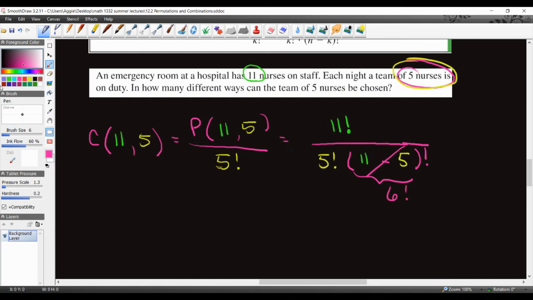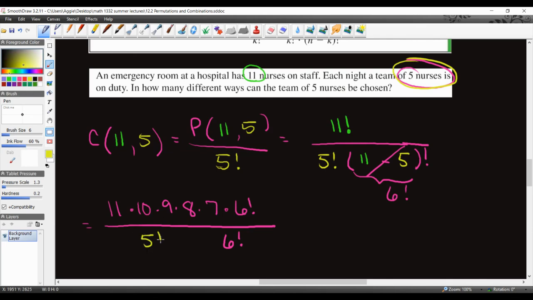So let's go ahead and write this nicer. Actually, let's just break it down now. We know that we're going to go down to 6 for sure. So 11 times 10 times 9 times 8 times 7 times 6 factorial. And then I have that 6 factorial on the bottom, and I have the 5 factorial.